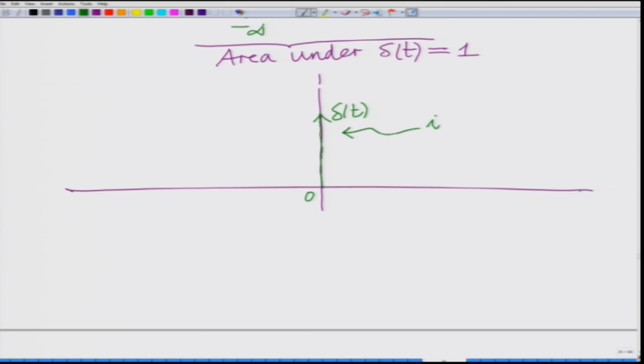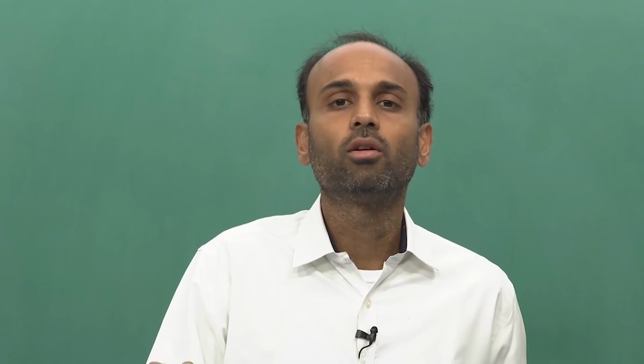This line with an arrow pointing upwards is known as an impulse. That is, it is 0 everywhere, and at 0 its magnitude, its value, is not defined. So, it is shown with an arrow pointing upwards, also termed as an impulse, or as we said, the unit impulse function, typically also termed simply as an impulse. Its meaning is evident from the context.